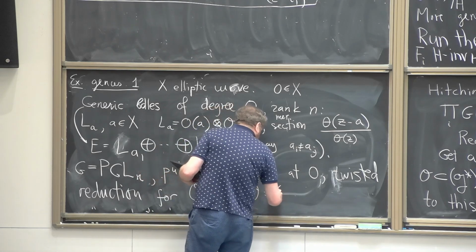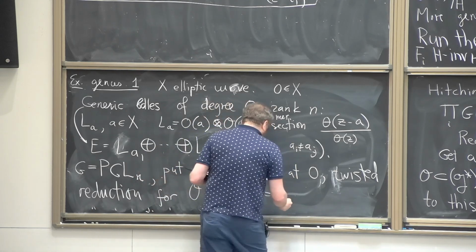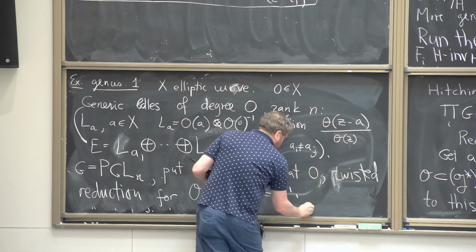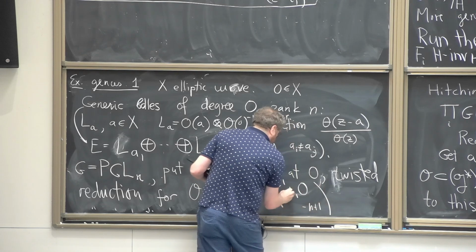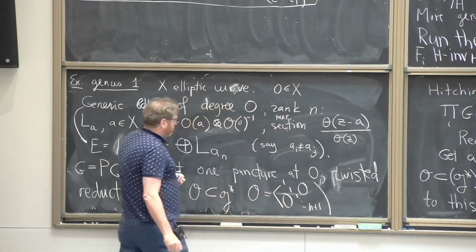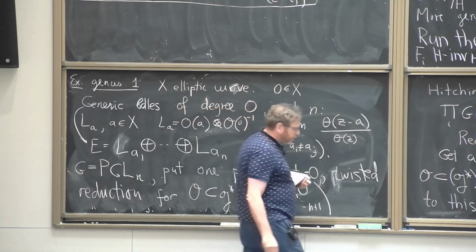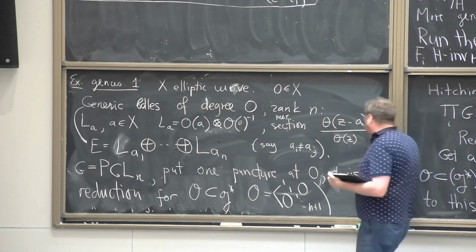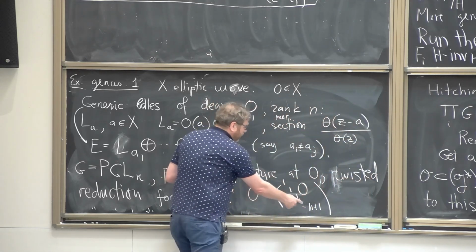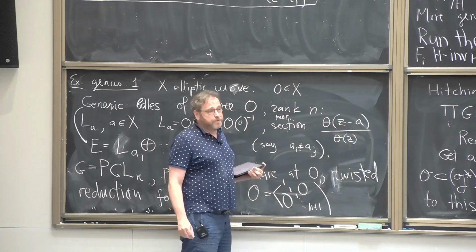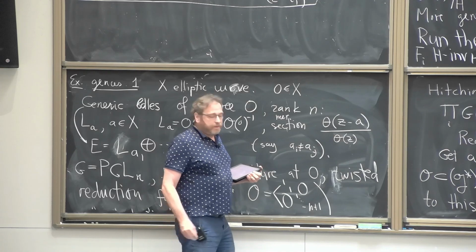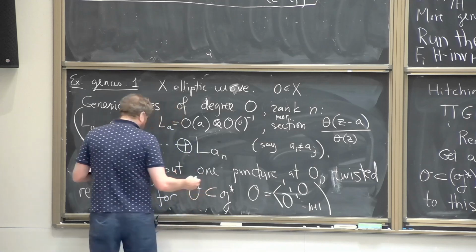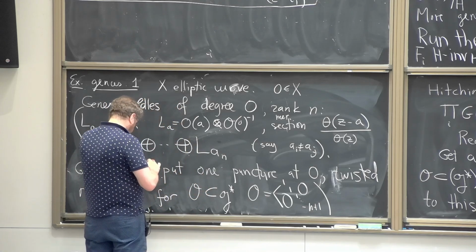So O is generated by the matrix diag(1, 1, ..., 1, minus n plus 1). So it's a kind of simplest semi-simple orbit. It is the smallest semi-simple orbit. It consists of matrices which have n minus 1 eigenvalues 1, and 1 eigenvalue minus n plus 1 to balance out the trace to be 0. Okay? So we do reduction with respect to this.